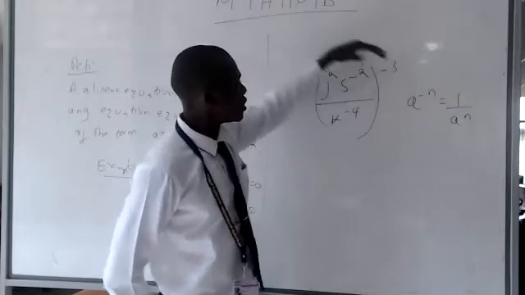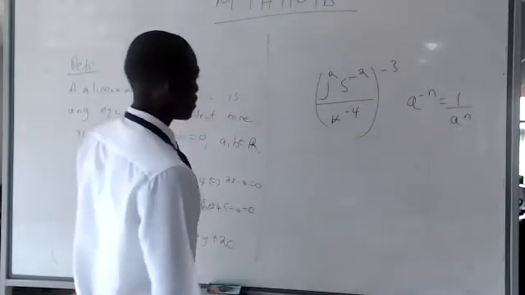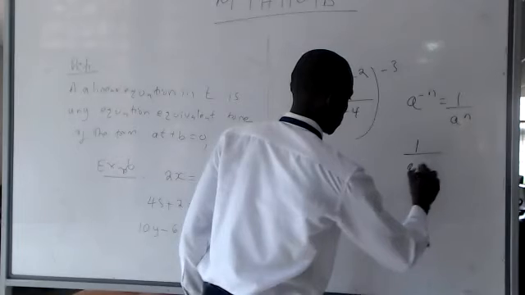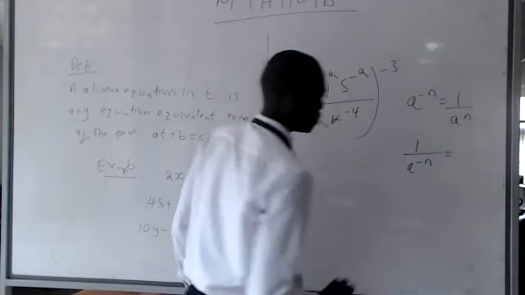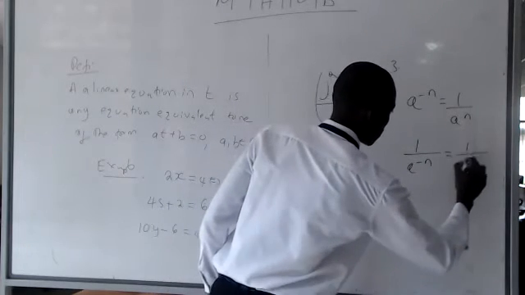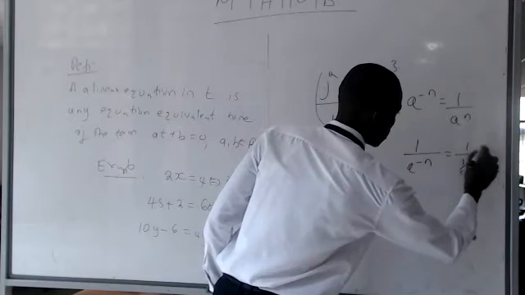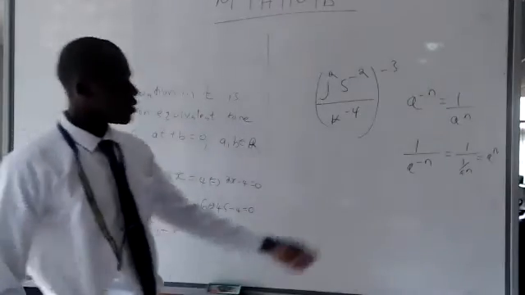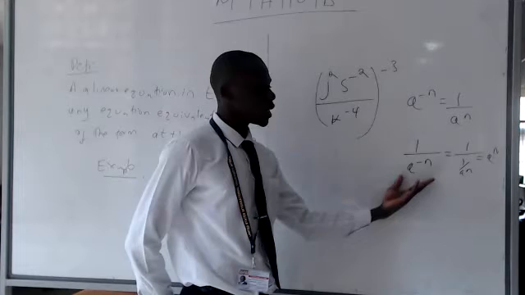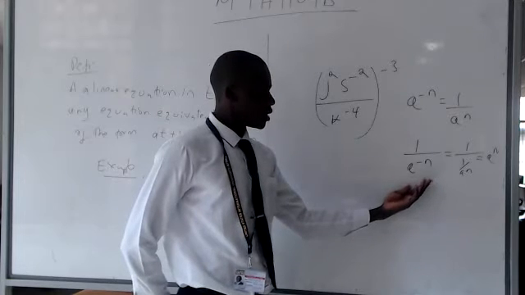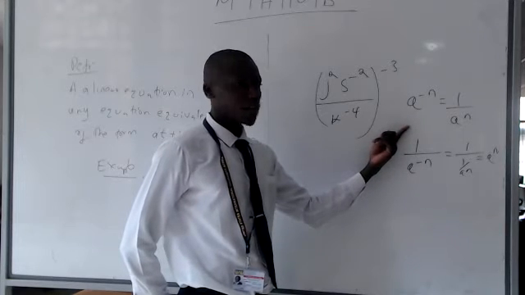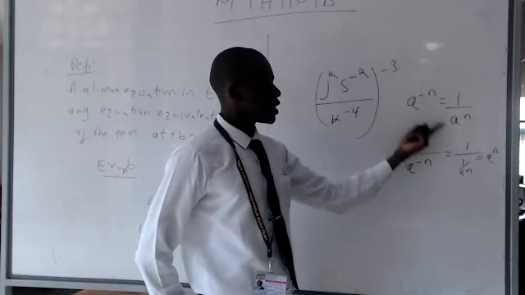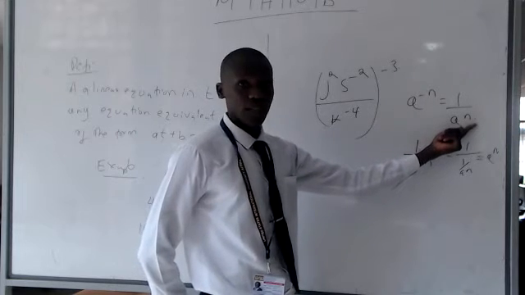Because 1 over a to the minus n should be 1 divided by 1 over a to the n, that gives you a to the n. So if anybody has a negative exponent downstairs, take it up and change the sign. If anyone has a negative exponent upstairs, take it down and change the sign.